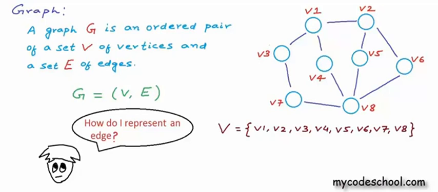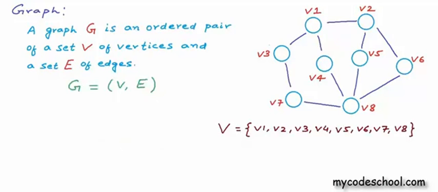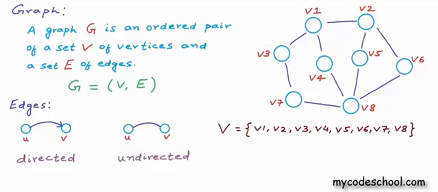So we can just write the names of the two endpoints of an edge as a pair, and it can be a representation for the edge. But edges can be of two types. We can have a directed edge in which connection is one way, or we can have an undirected edge in which connection is two-way. In this example graph that I'm showing here, edges are undirected.